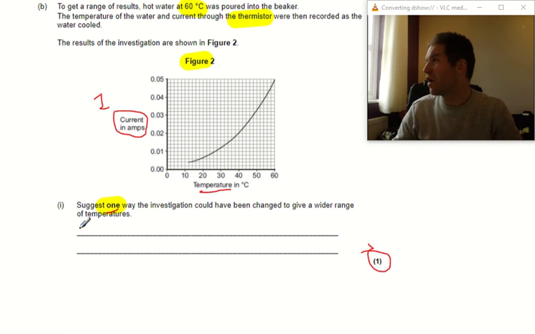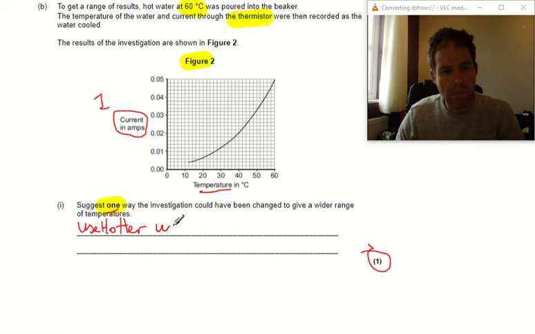To get that 1 mark you might say use hotter water. If you used hotter water, we're saying it gives a wider range. It would have started up here. Okay, so that's a wider range.